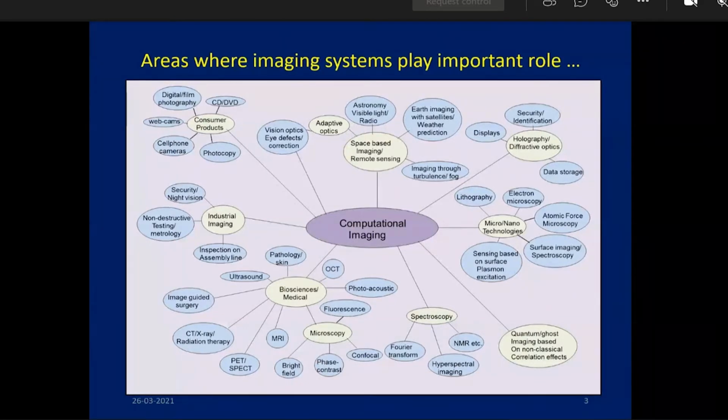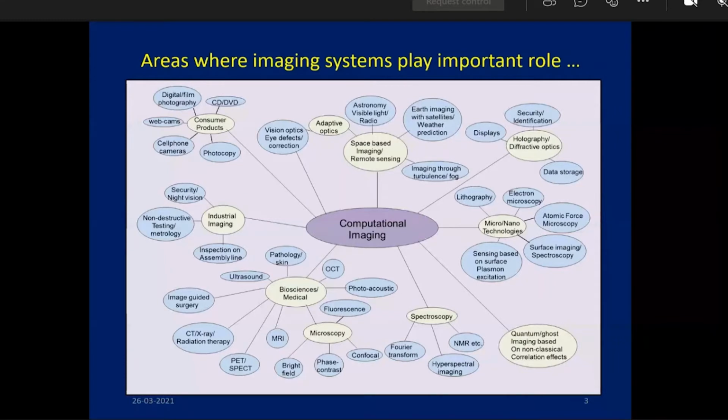So that is another meaning. So if you are going to do some science and technology in future, you will definitely encounter one of these areas. Whichever area you try to pursue, some imaging system will always be helping you in that sense.